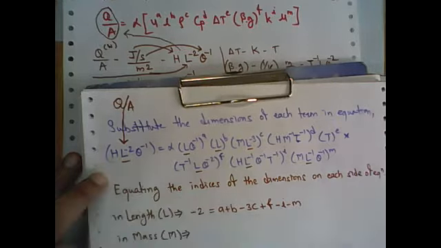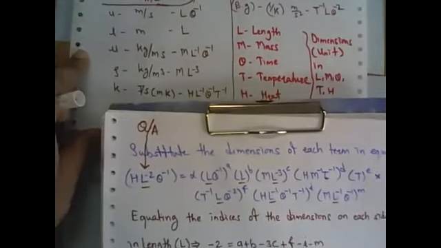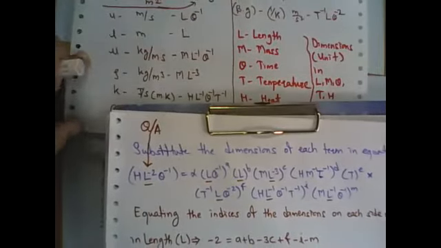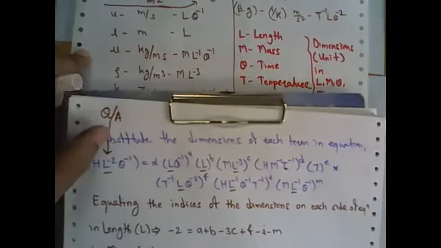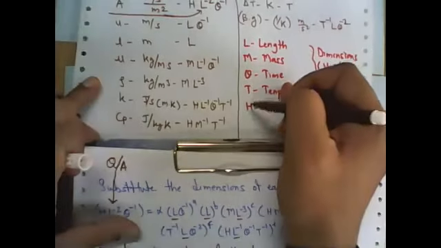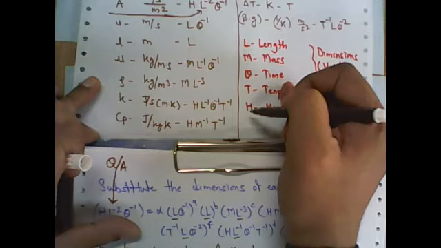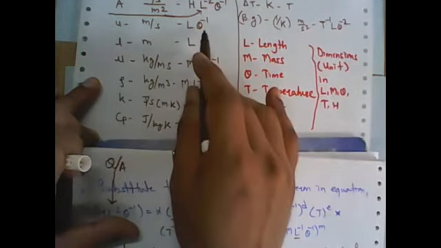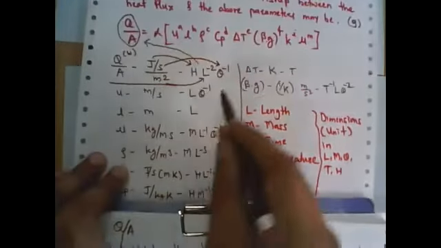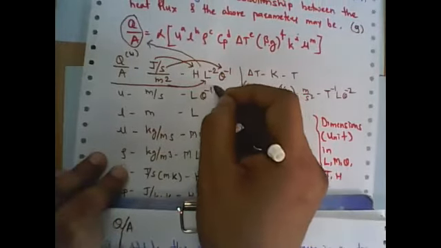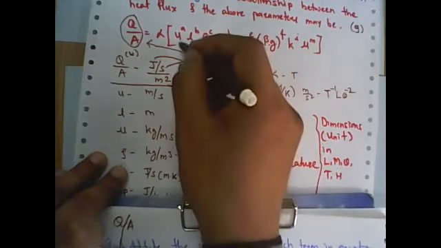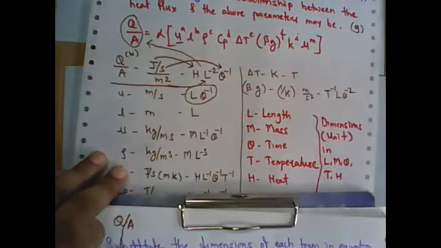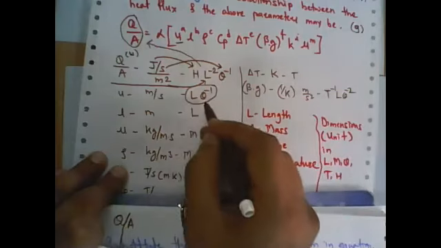And like that, you have to convert and write all these parameters in terms of L, m, theta, T, H, right? So this velocity is now L into theta raised to minus 1. So you have to write L into theta raised to minus 1 here, raised to a.